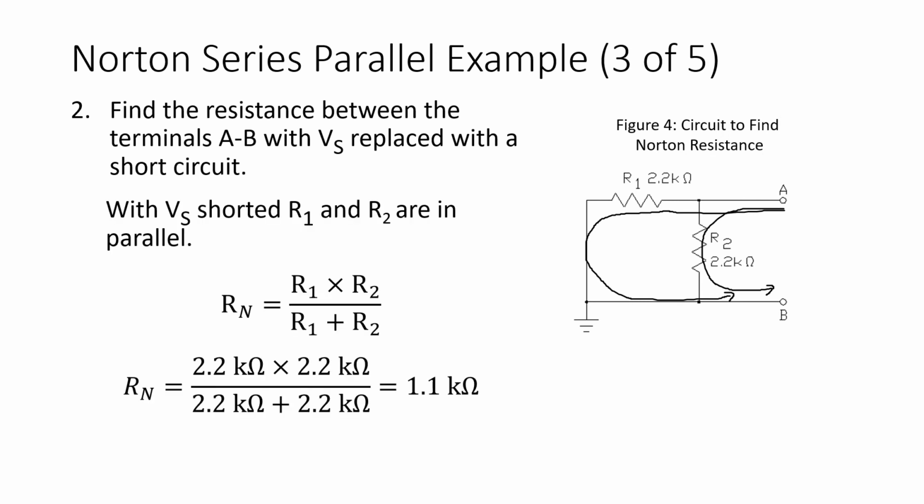So the Norton resistance equals R1 in parallel with R2. Again, we can calculate this using the product over sum, which gives us a value for the Norton resistance of 1.1 k-ohm.